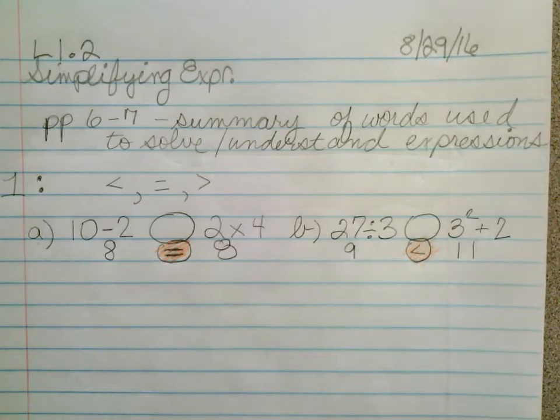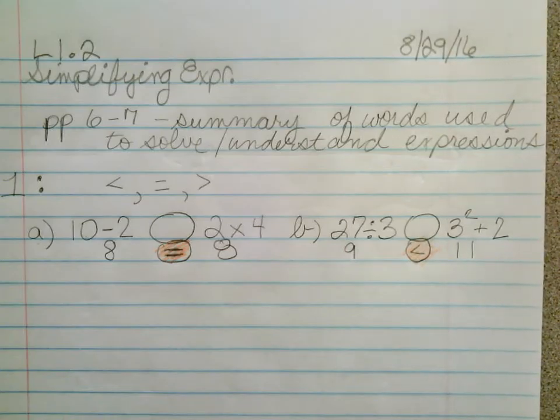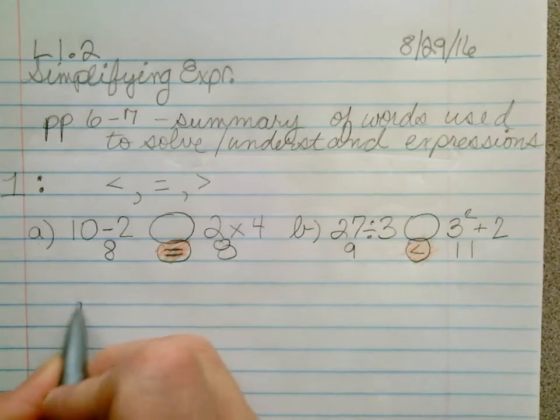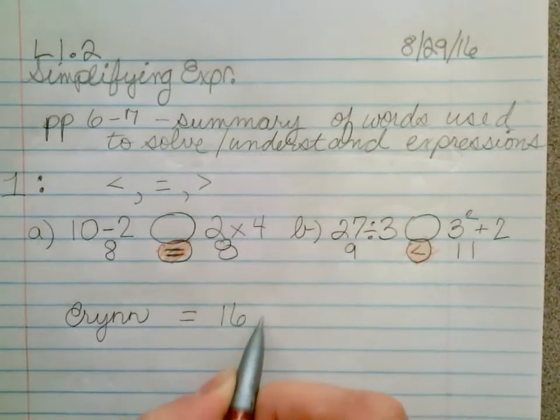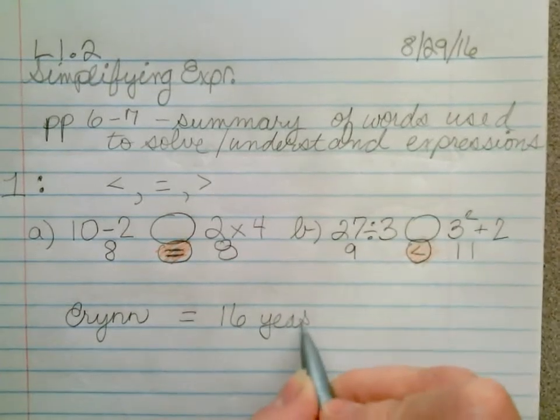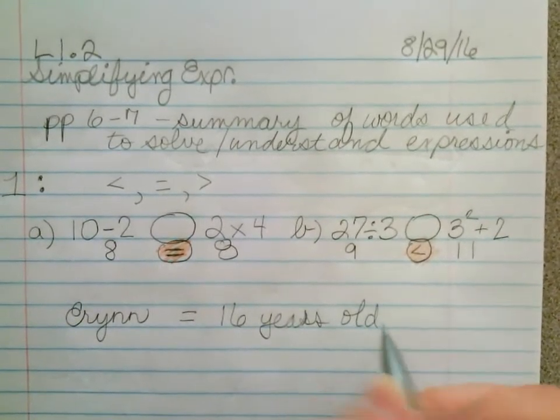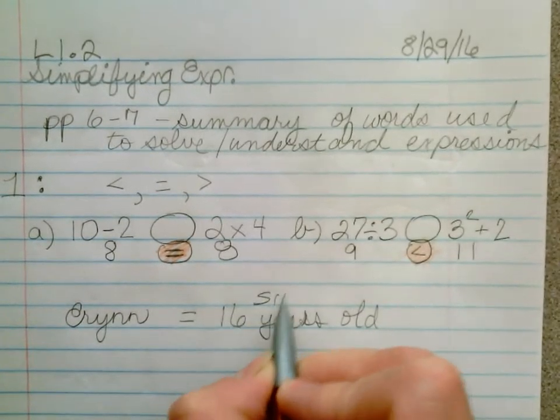So she is 7 times 2 plus 2? I wouldn't do that, right? And she didn't answer me that way because she's going to use the simplest terms. Okay, so Erin is 16 years old. So this is simplified.